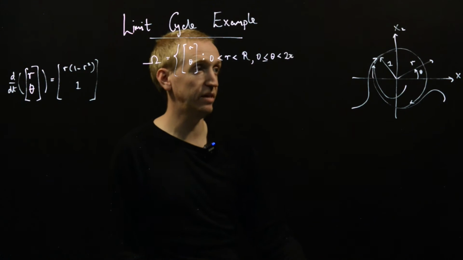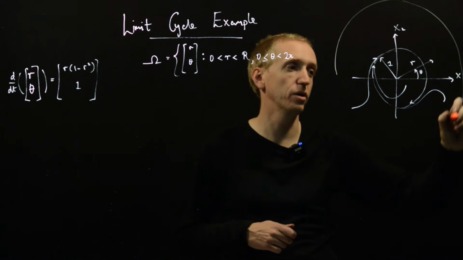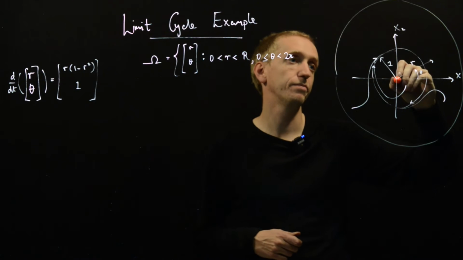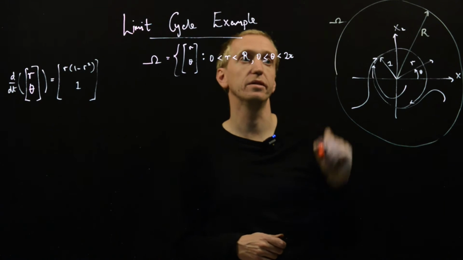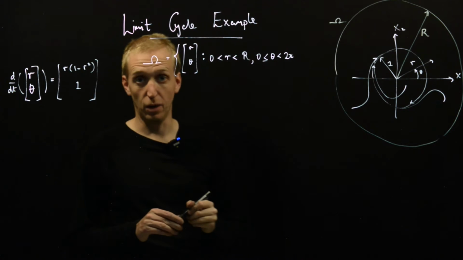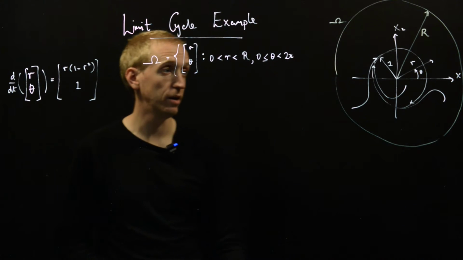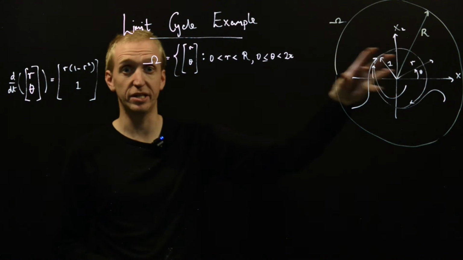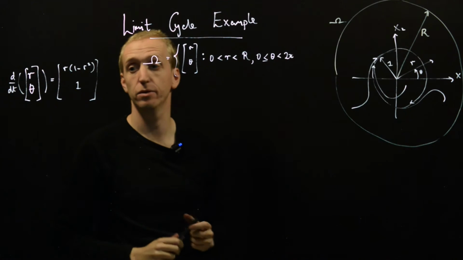So what does that mean? Well, we just have some huge circle here with radius big R, and this is our set omega. And we're going to try and prove that this limit cycle is stable when we start anywhere in this set omega.